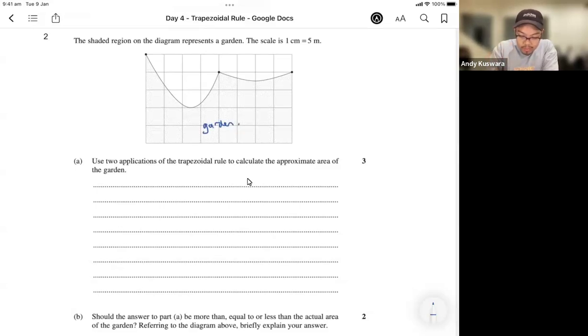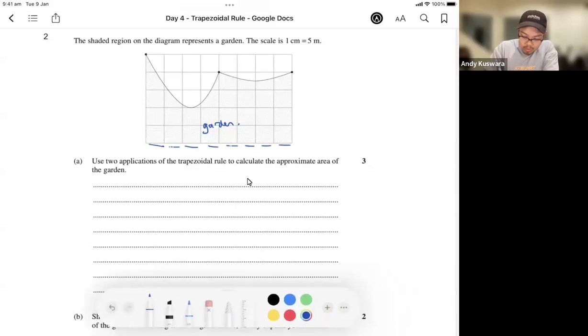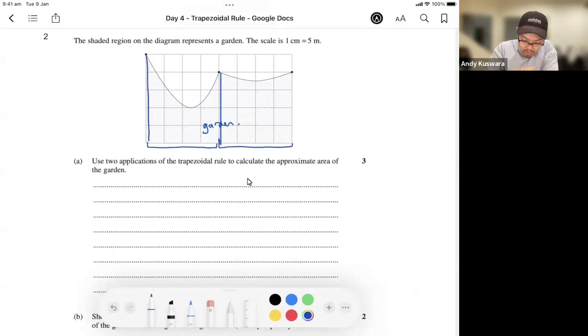Now, if I'm to do two applications, you can see here that there's 1, 2, 3, 4, 5, 6, 7, 8. So that means to split it evenly, I'd split it into 4, 4. So as you can see, that would be my middle there. You can see that there's going to be two distinct sections. And they've actually helped us out here by drawing us our lines.